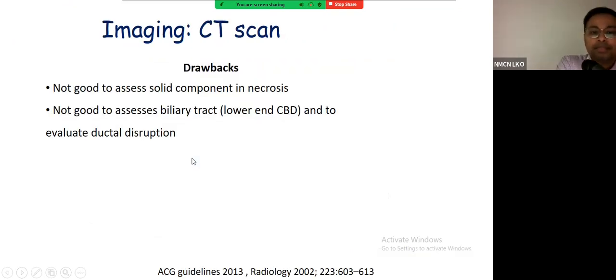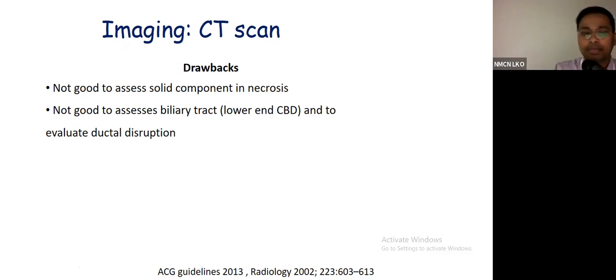But the drawback of CT scan is that it is not good to assess the solid component of the necrosis if there is a necrotic collection, and it is also not good to assess the biliary tracts, especially the lower end of CBD. The ductal anatomy is also not properly delineated in CT imaging.